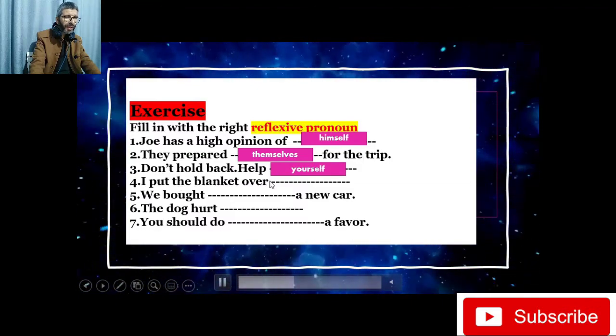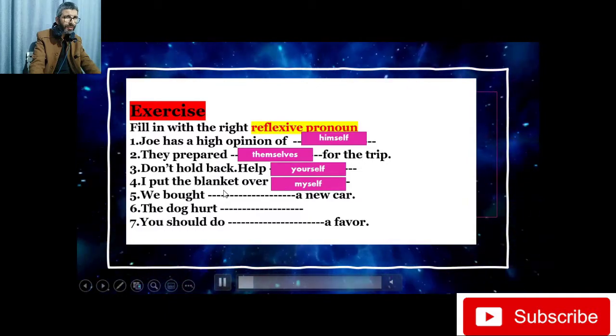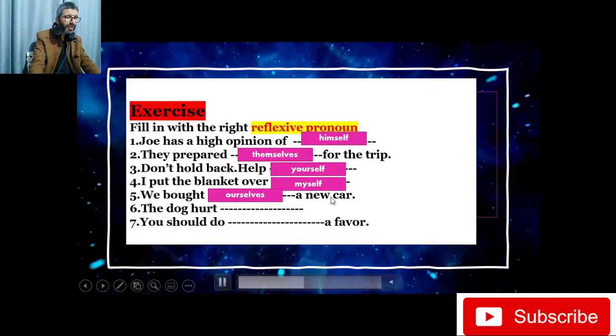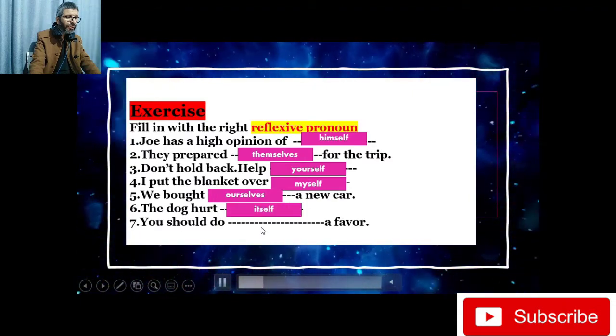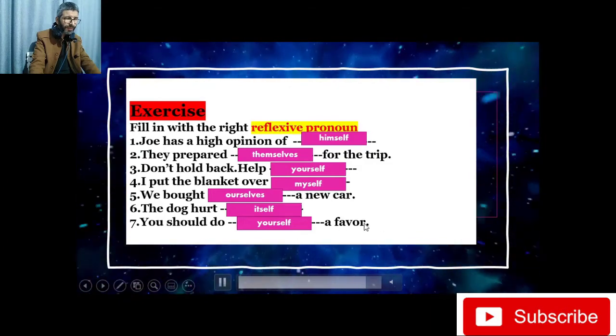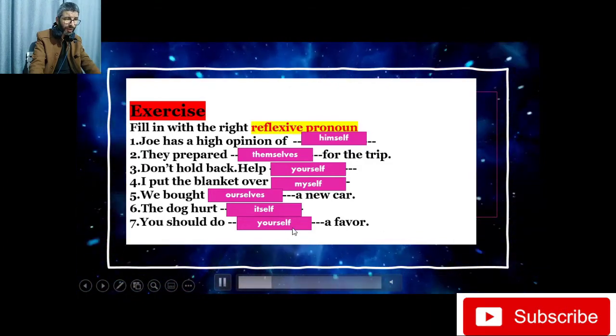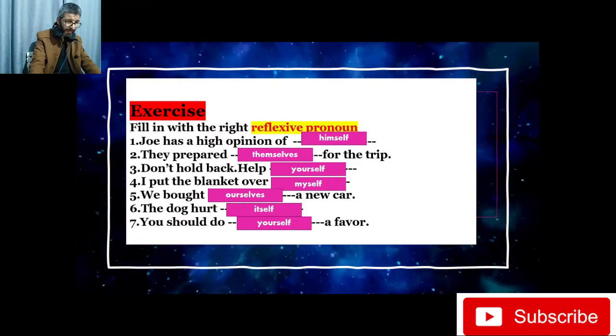I put the blanket over myself. We bought ourselves a new car. The dog hurt itself. You should do yourself a favor, or yourselves if you are addressing a lot of people.